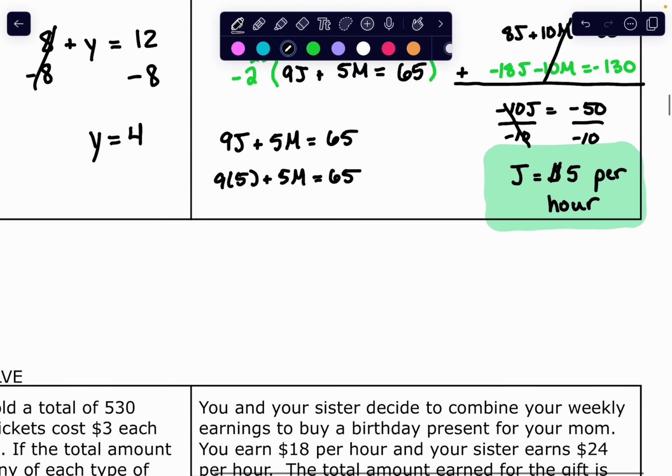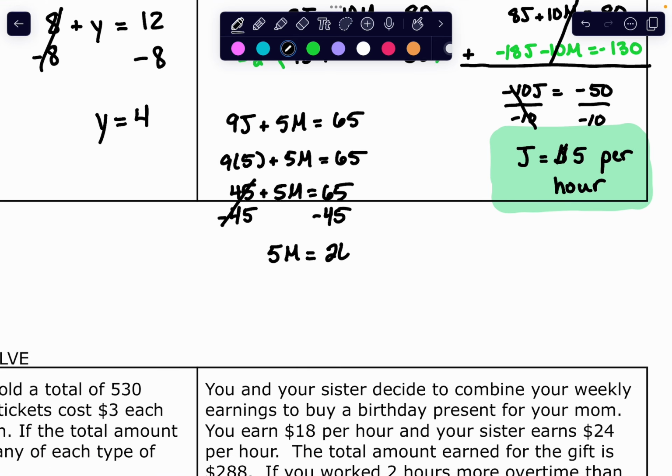So let's start by simplifying the left-hand side to 45. Plus 5M is equal to 65. Subtract 45 from both sides. We wouldn't divide by 5 yet because that term is not alone. That is going to be our second step though. So I believe this is 20. And then when I divide by 5, I get that M is equal to 4.